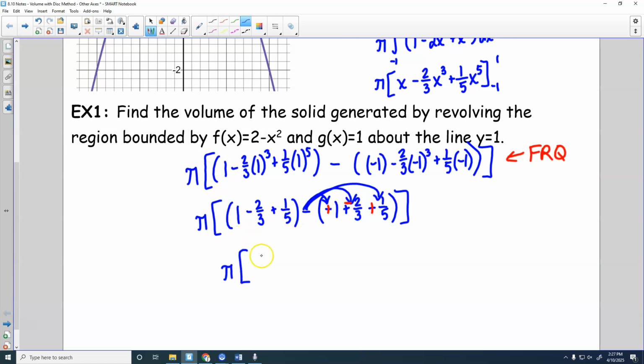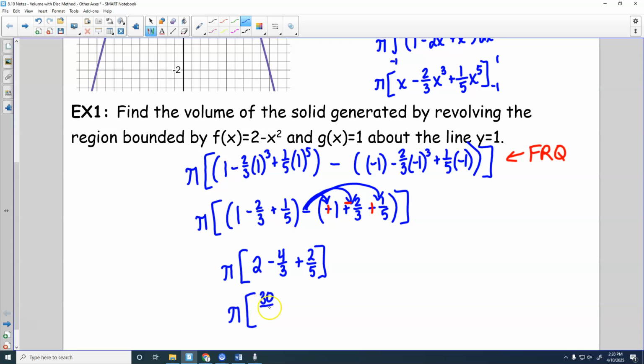I could put my 1 and 1 together, will give me 2. I'm going to have a -2/3 and a -2/3 will give me -4/3. And I got a 1/5 and a 1/5, which will give me 2/5. We're going to need common denominators so that we can put that stuff together.